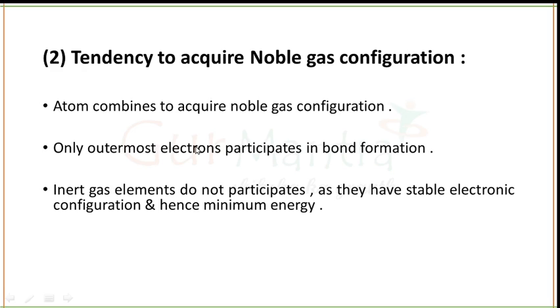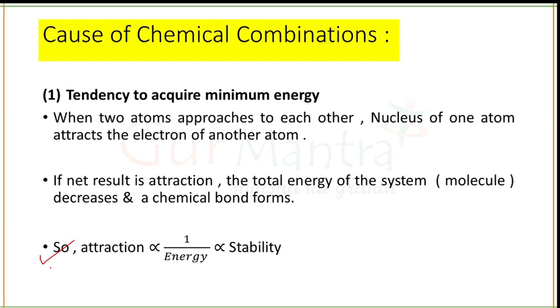Only outermost electrons participate in the bond formation. Also, inert gas elements do not participate as they have stable electronic configuration, hence they have minimum energy and are most stable, because as you have seen here, if the energy decreases, the stability increases.